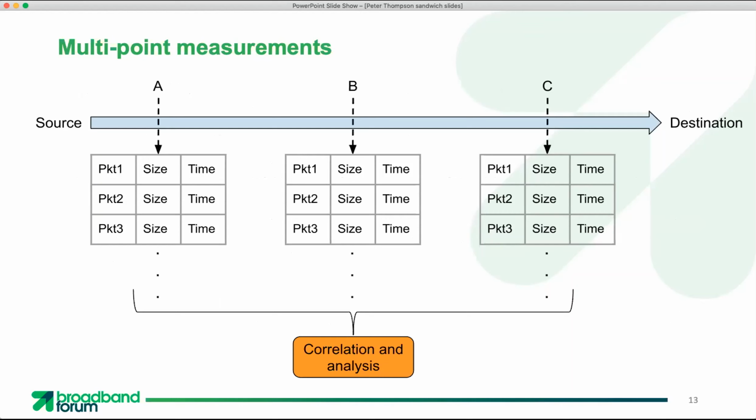Each of them delivers a series of records, if you like, with: here was a packet, this is how big it was, this is when I saw it. And then all of those get combined, correlated, which packet at which point corresponds to the same packet at another point, and then we can work out what the delta Q was.